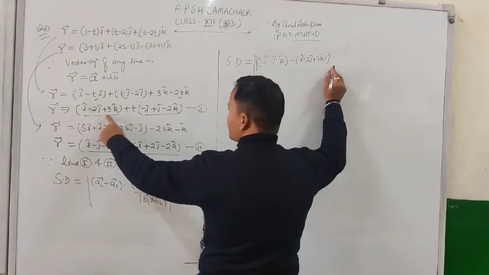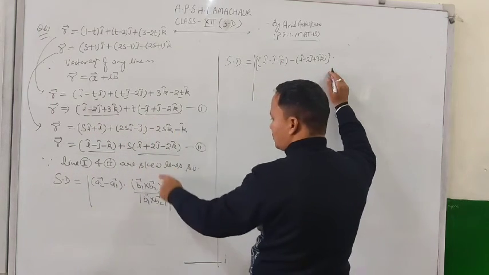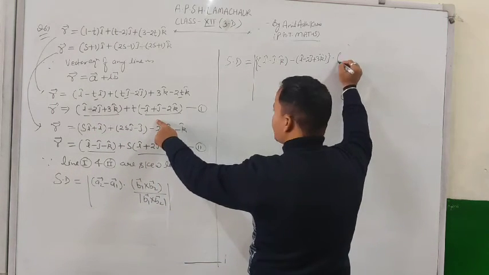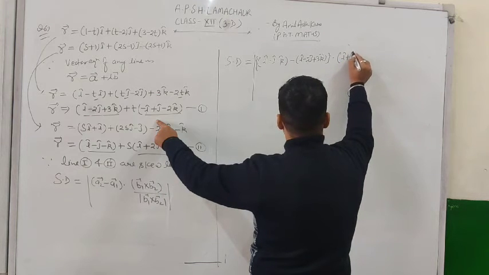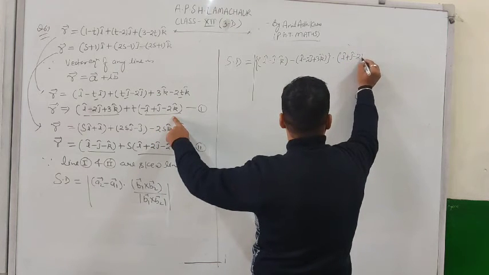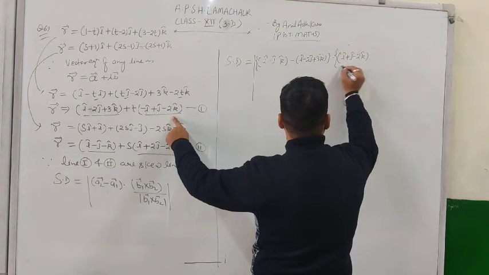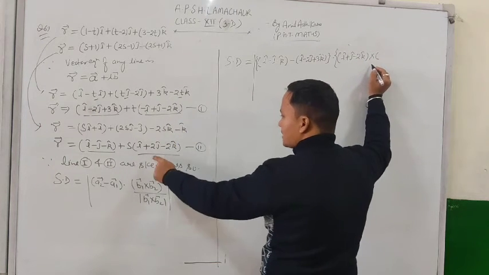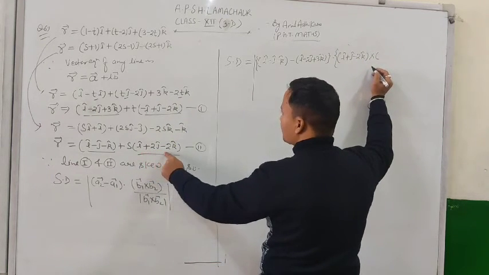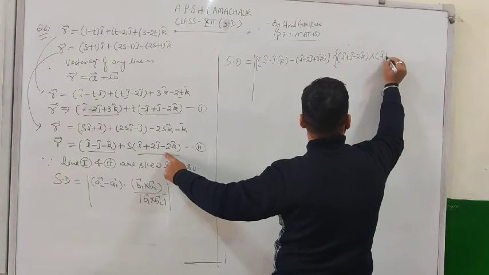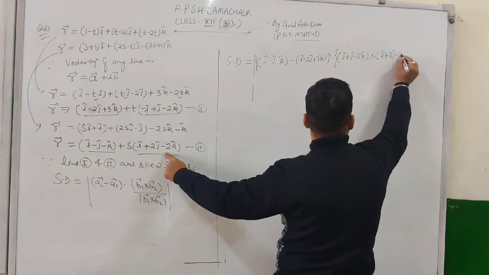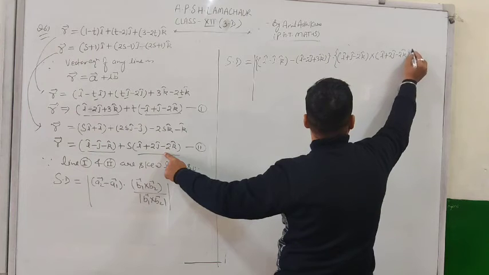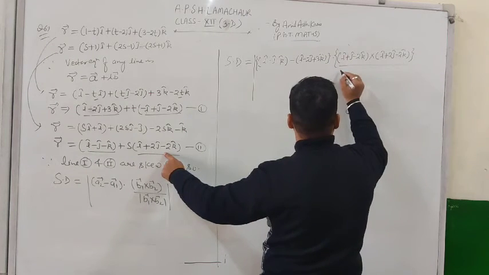Now dot, what is b1? b1 is this one, b1 cross b2 we have to find out. So b1 is given as minus i plus j minus 2k, cross b2 is given as i plus 2j minus 2k, okay, divided by their magnitude.